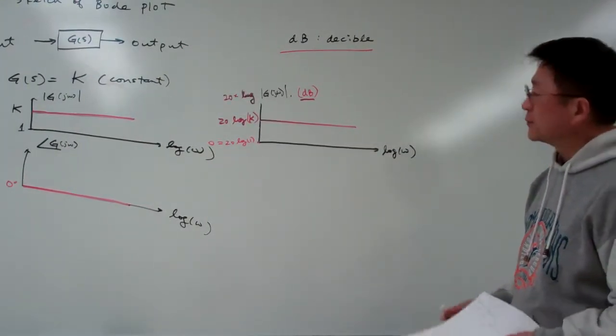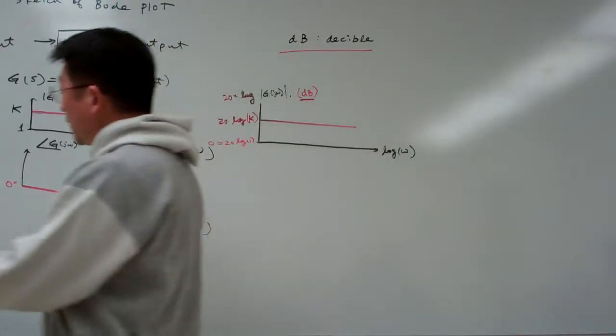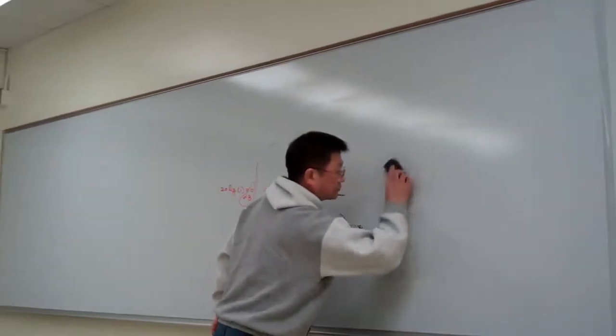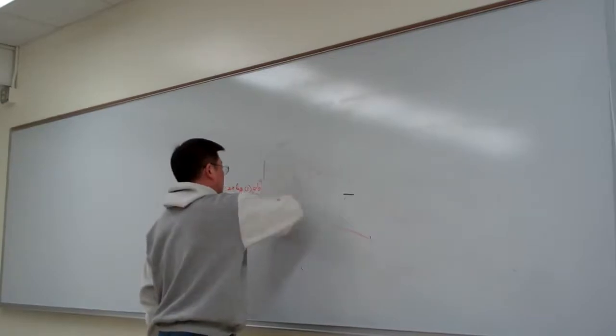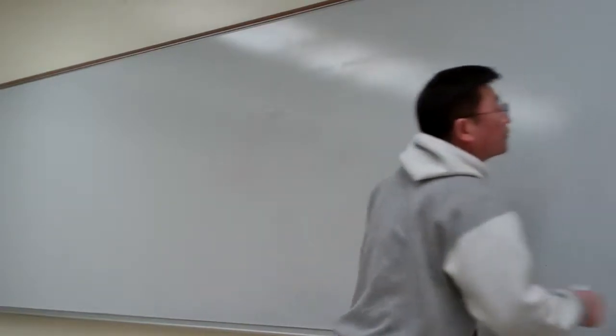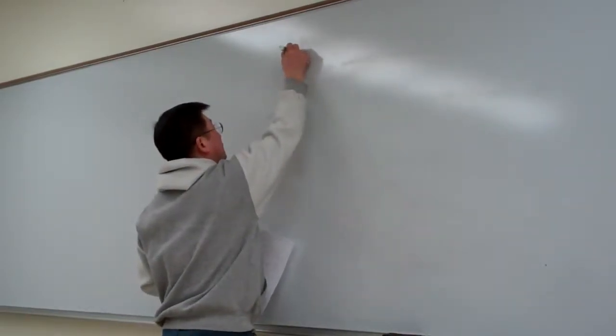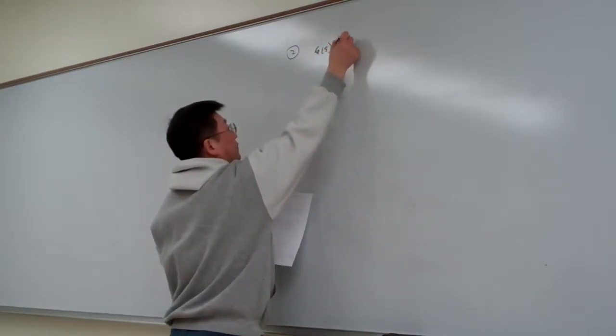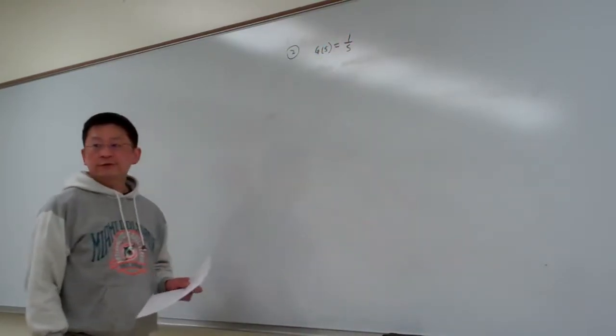Okay, so with this, I can erase this and continue to the second type. The second one, we want to see for G is simply an integrator.